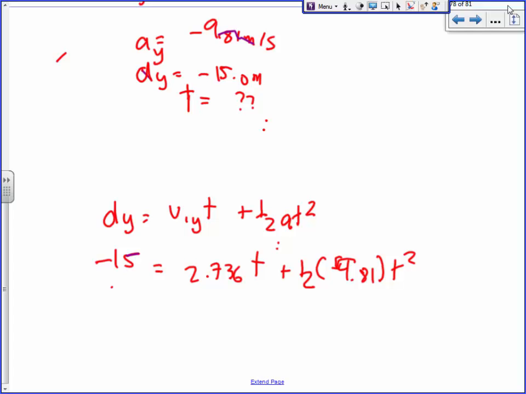Okay, so rearranging this a little bit nicely, and don't forget that is a negative 9.81 if you can't see very nicely on mine. This is supposed to be a negative 9.81. So to rearrange this, you guys are probably way ahead of me anyways. You need negative 4.905 t squared. You need plus 2.736 t, and you're going to need a plus 15. Because the 15 is coming to the other side, right?